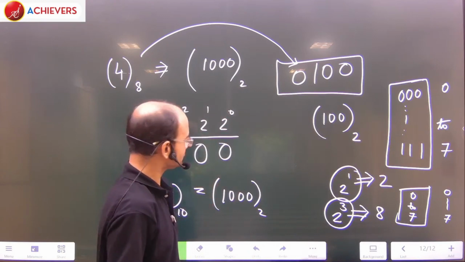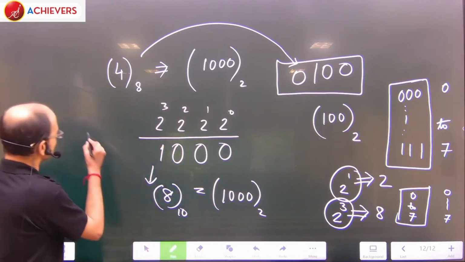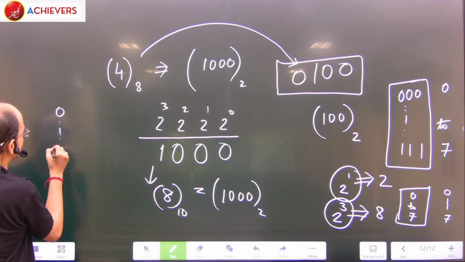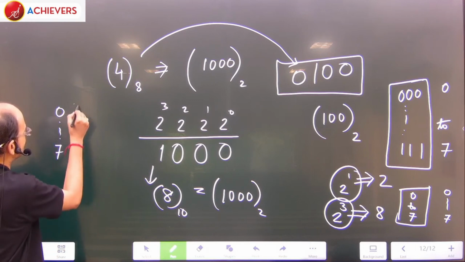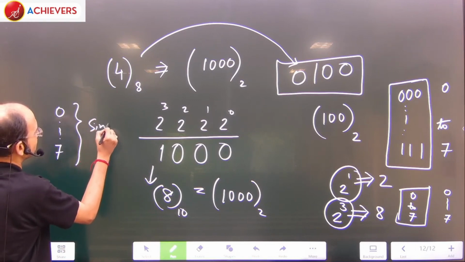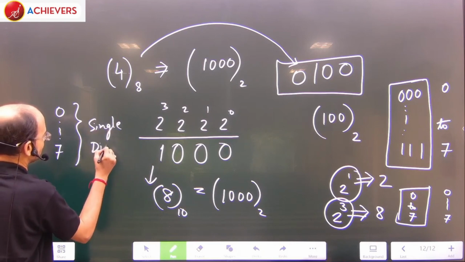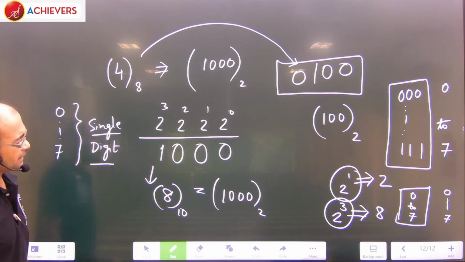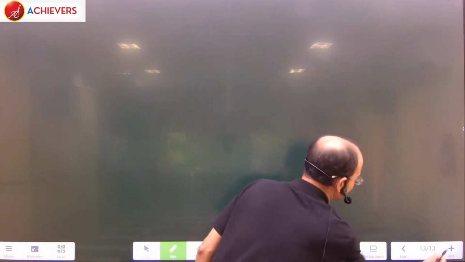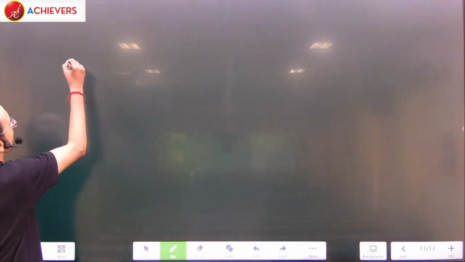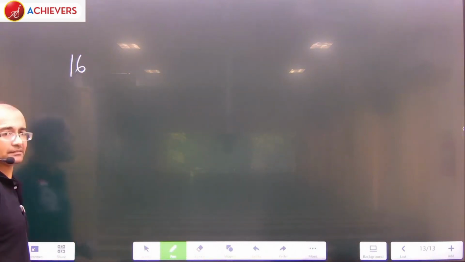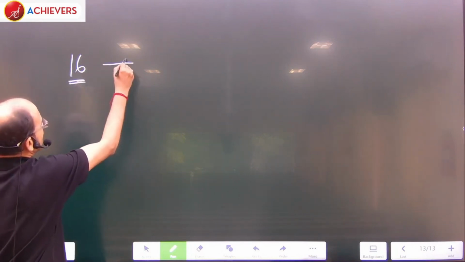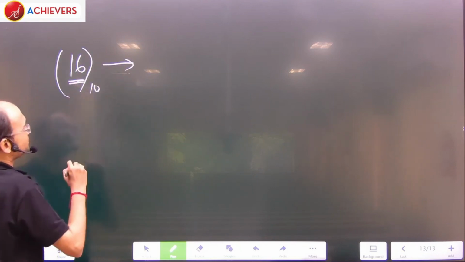Similarly, when we define a hexadecimal number, 0 to 7 can be represented in a single digit. If we consider a number like 16, for example, how is 16 represented? In decimal base it is 16.